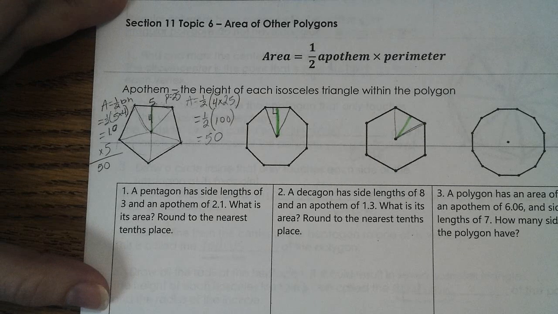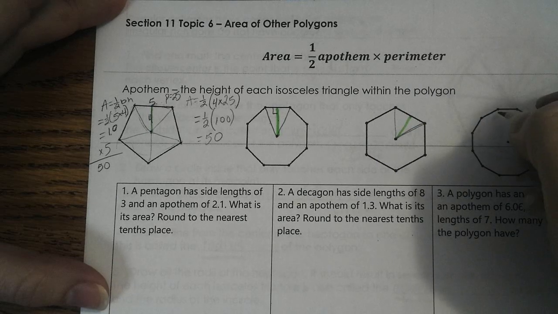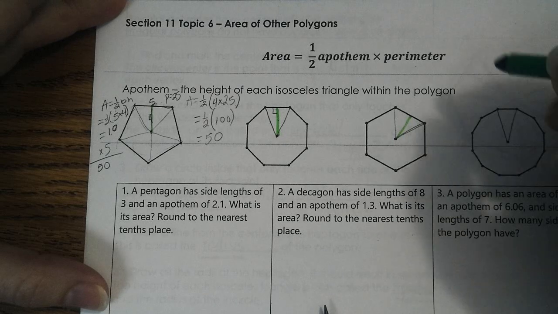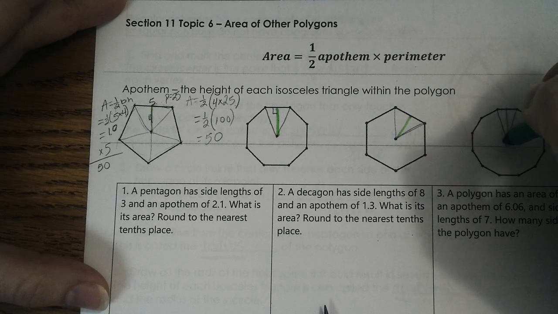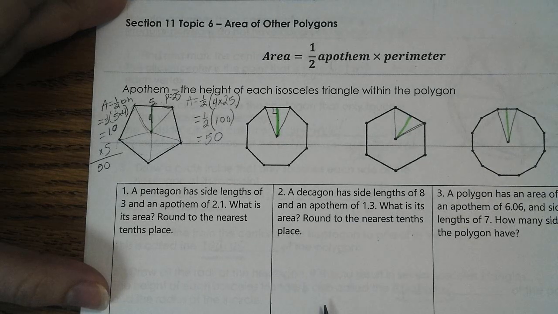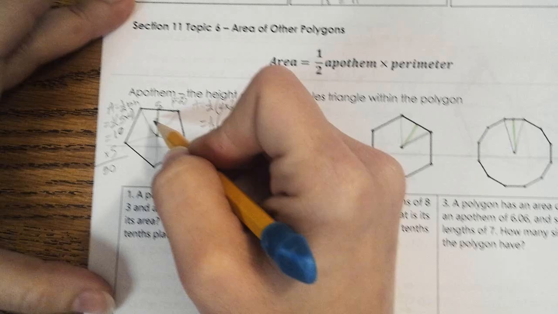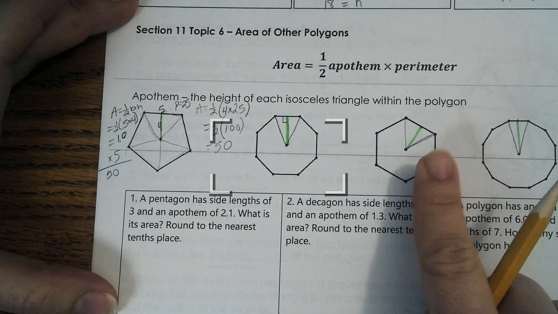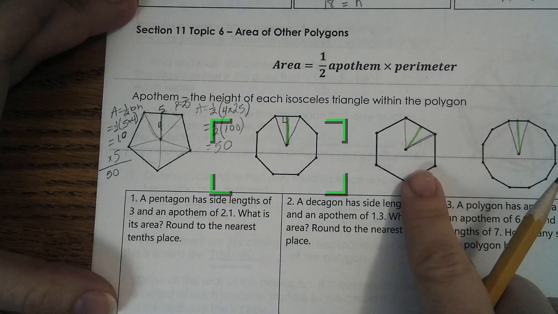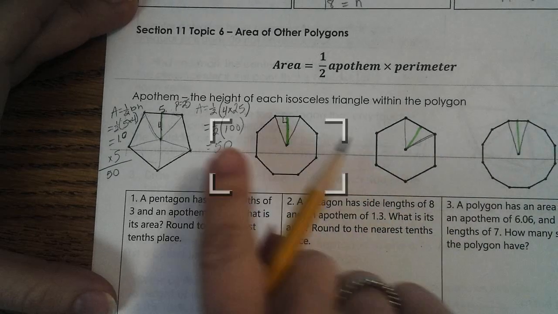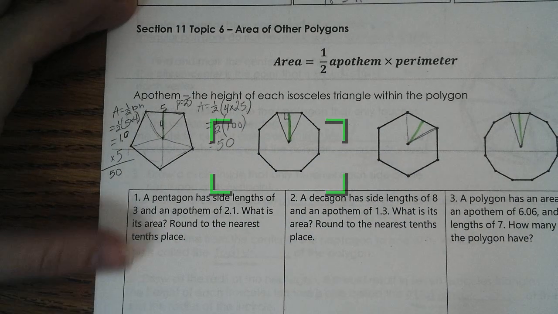And that's the apothem. And in this dodecagon, 12-sided figure, this is the apothem. Okay, so isosceles triangle, isosceles triangle, isosceles triangle, hexagon, the only one with equilateral triangles. All the others have isosceles. That's important to know for your quiz.